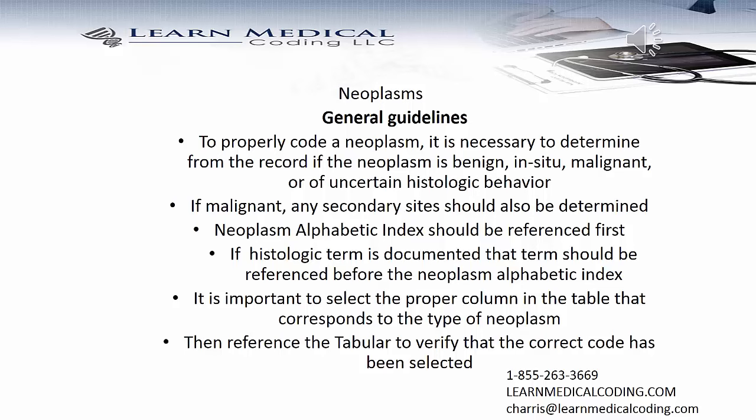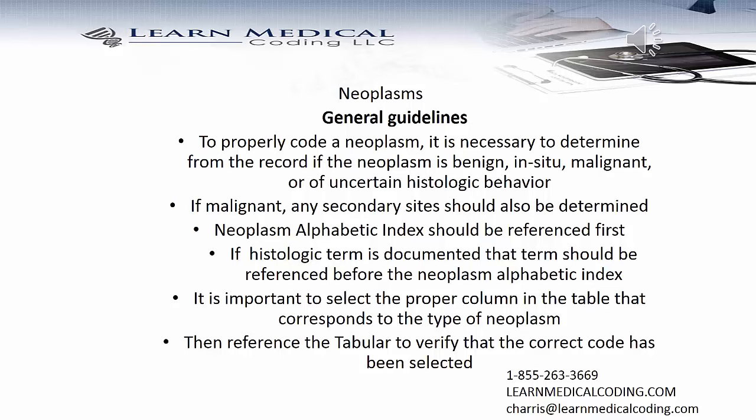To properly code a neoplasm, it is necessary to determine from the record if the neoplasm is benign, which is non-cancerous, in situ, which means the cancer is not spreading, malignant, which means cancerous, or of uncertain histologic behavior, which means the physician has not determined what type of behavior this neoplasm has.